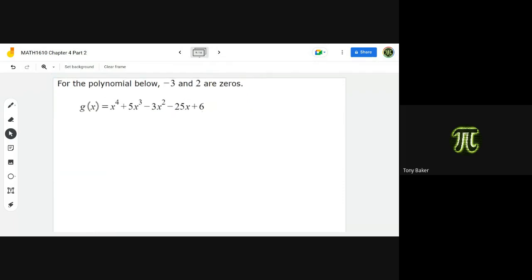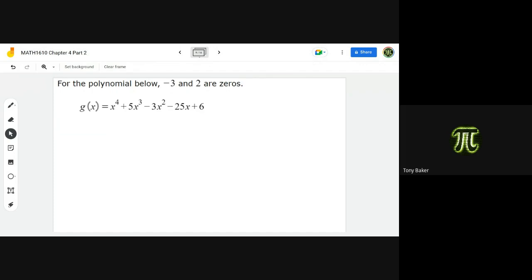This one gives you the two zeros. So I don't even have to graph it. They give me a couple of zeros for it. It's a fourth degree. I've got two zeros. I'm getting down to a quadratic. I'm good. So you don't necessarily have to graph this one.